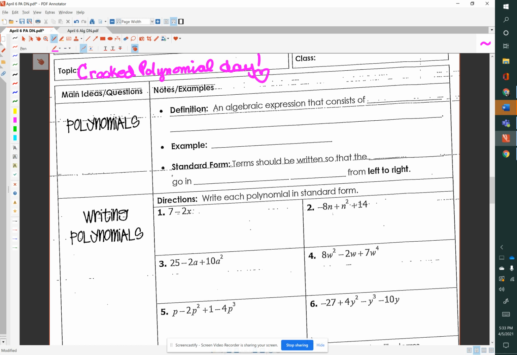So now let's think about these polynomials. We have this prefix poly that means many. And what is it? It's an algebraic expression that consists of numbers and variables, or a combination of numbers and variables.